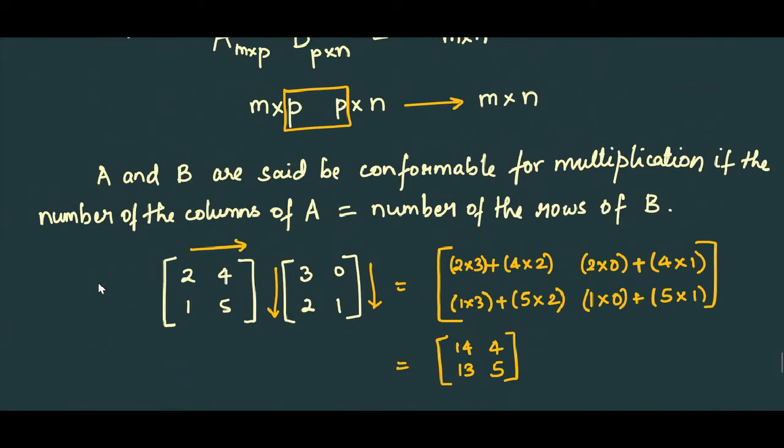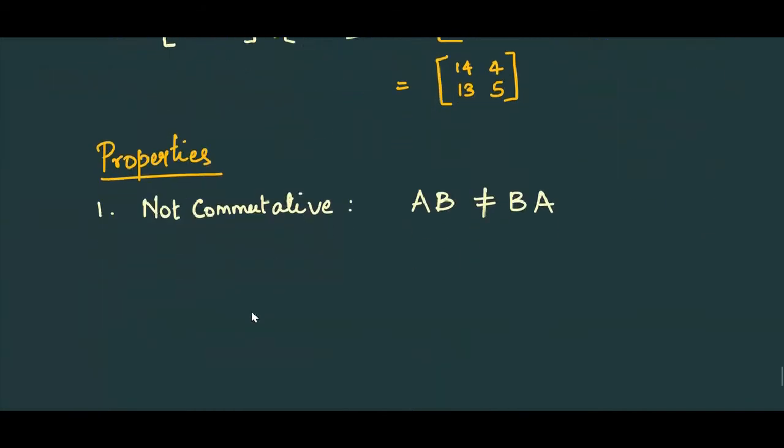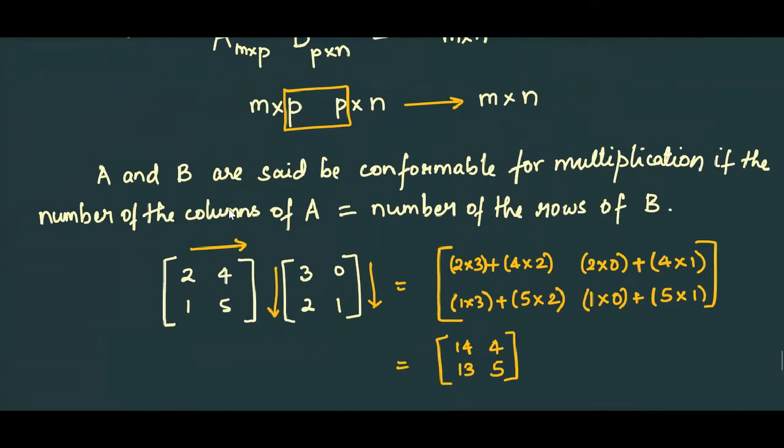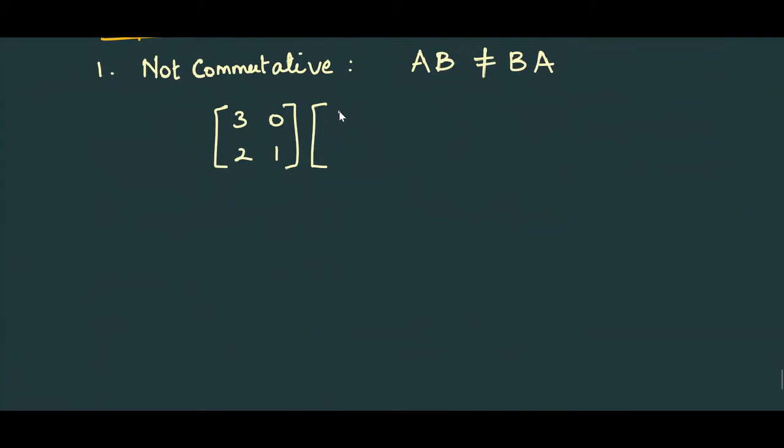Okay, so in fact, we do the other way around. Just now we did AB, now we do BA. 3, 0, 2, 1 multiplied with 2, 4, 1, 5. The product is 3 into 2, 6 plus 0, 6. 3 into 4, 12 plus 0, 12.